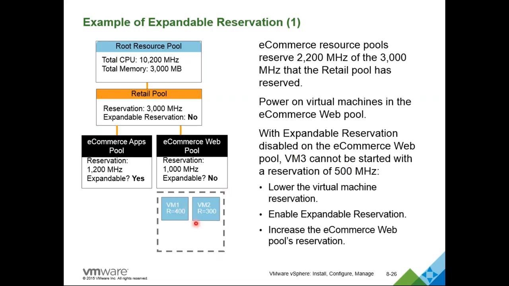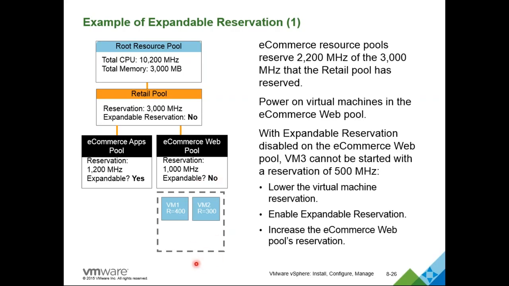It means you can allocate a maximum of 700 megahertz. If you wanted to provision a new VM with a 500 megahertz reservation, it is not possible. Why? Because only 300 megahertz of free space is available on this particular pool.